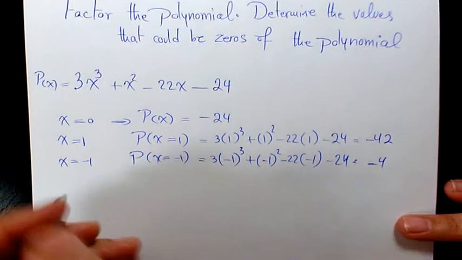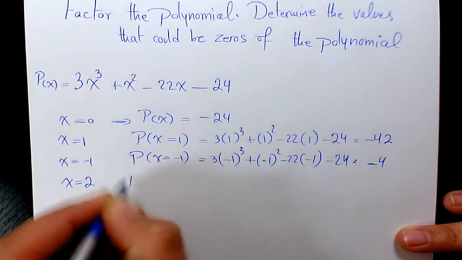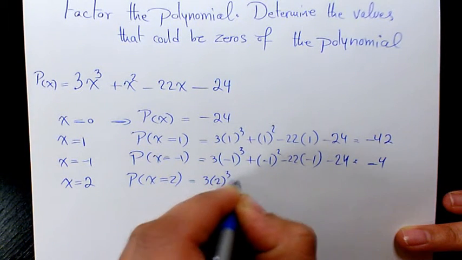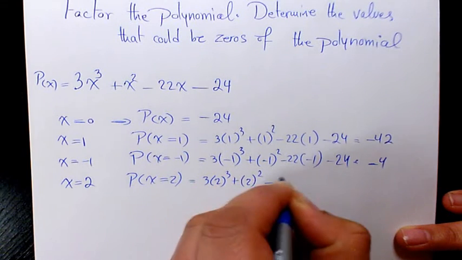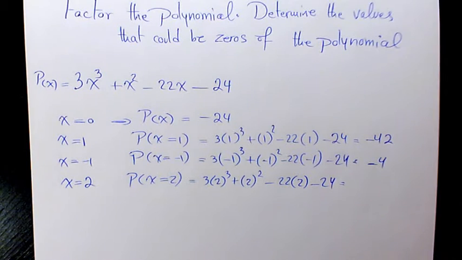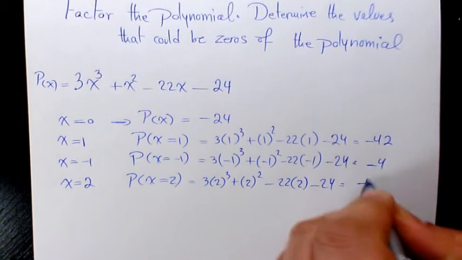Next one, let's look at x equals 2. It's going to be 3 times 2 cubed plus 2 squared minus 22 times 2 minus 24. Again, when you calculate it, it's 3 times 8 plus 4 minus 44 minus 24, which is negative 40.